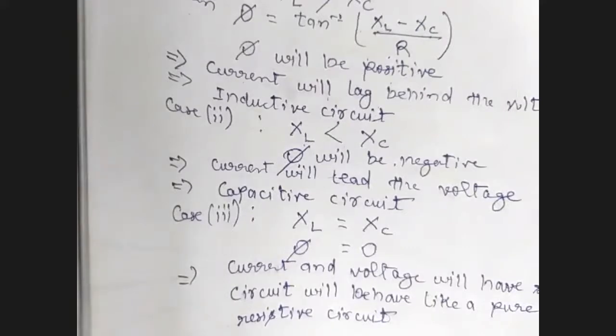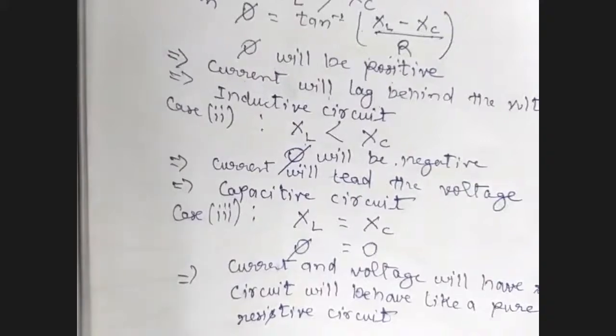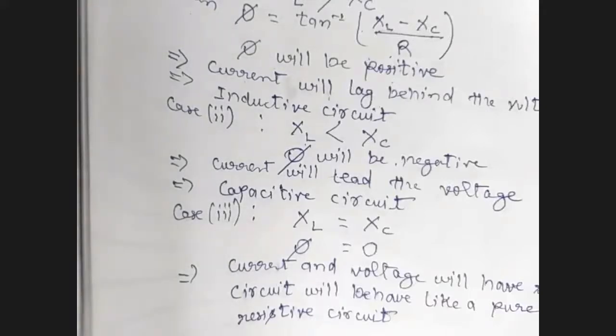But in between, if I want to make the shift, then I need to play with the value of the signal frequency. 50 hertz, I can change it to 100 hertz, 60 hertz, or whatsoever. So by playing with the value of omega, we can play with the value of XL and XC.